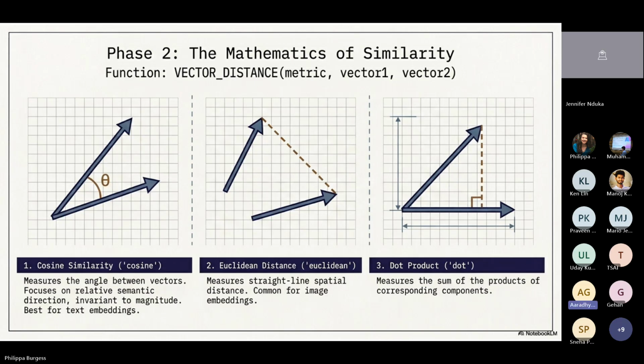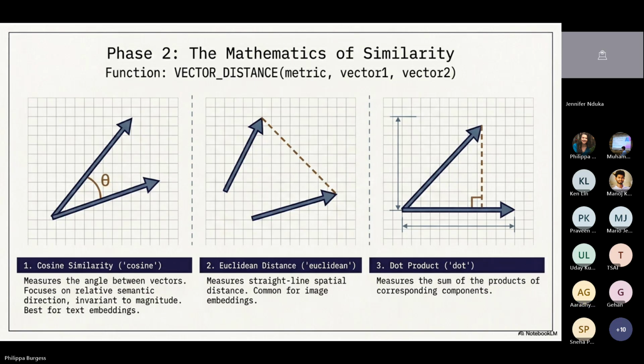Because the length of a vector often correlates with document length. If you have a short product description and a long blog post that are both about cloud computing, your vectors might have different lengths, but they will point in the exact same direction. So, cosine similarity ensures we match perfectly.